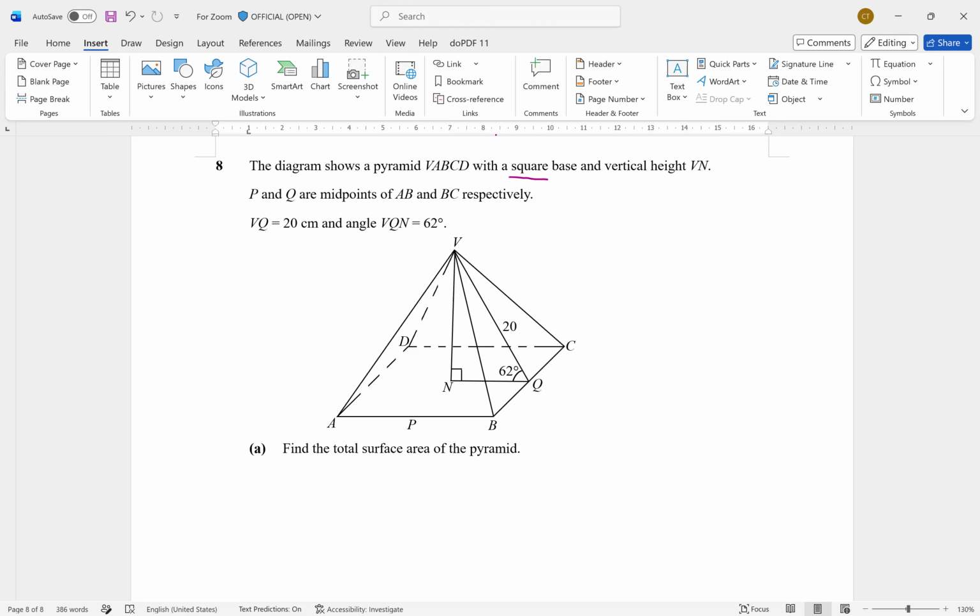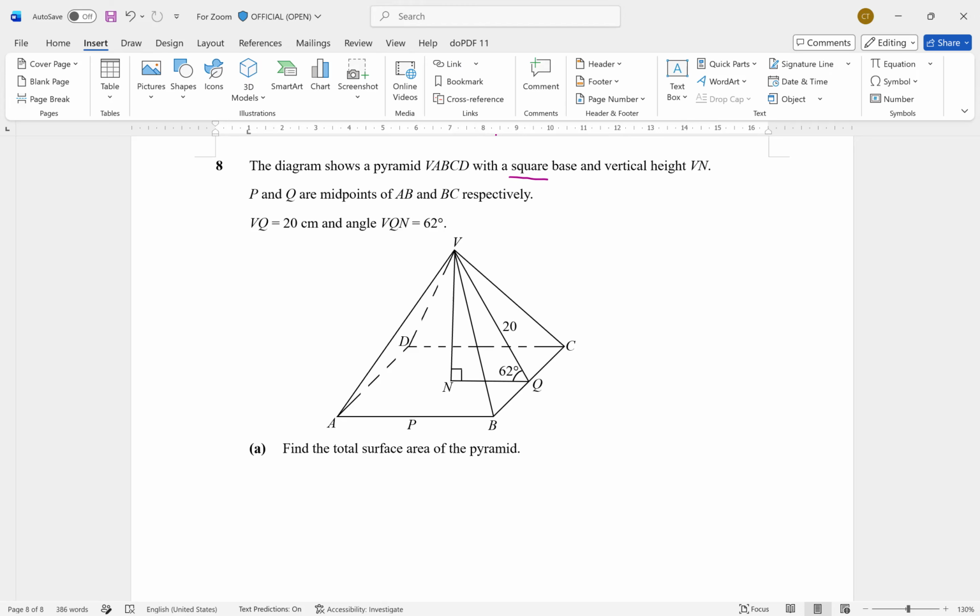The base is a square, so BC is actually the same as AB. Our aim should be to find AB. If you look at this diagram, half of AB is actually NQ. So if we can find NQ, then we can find AB.